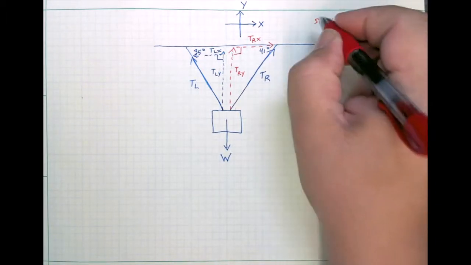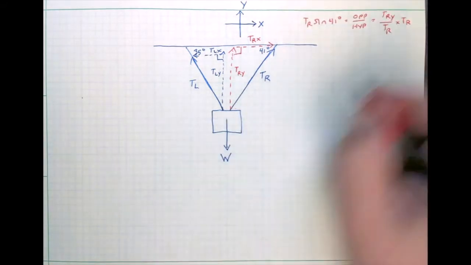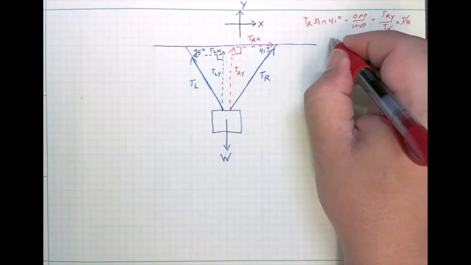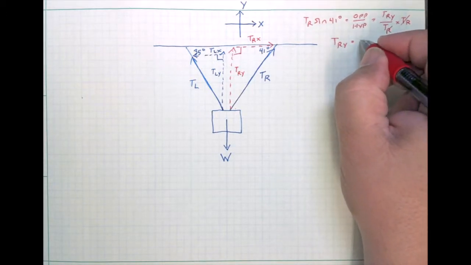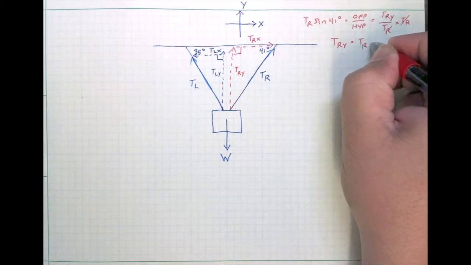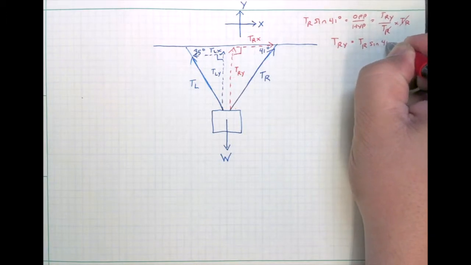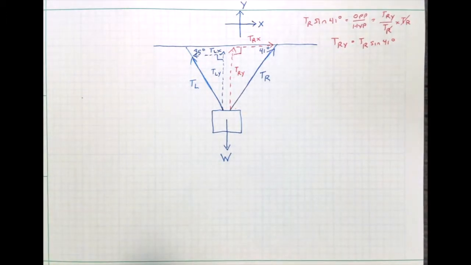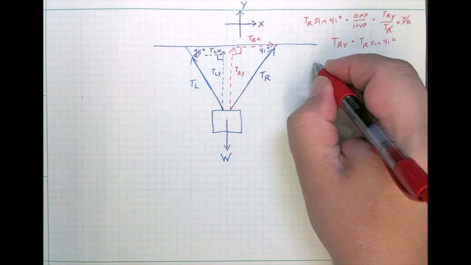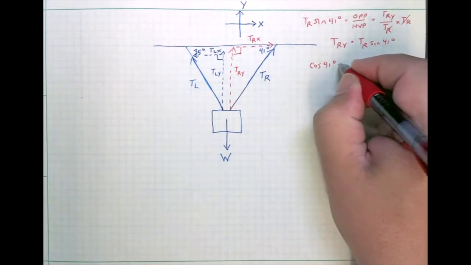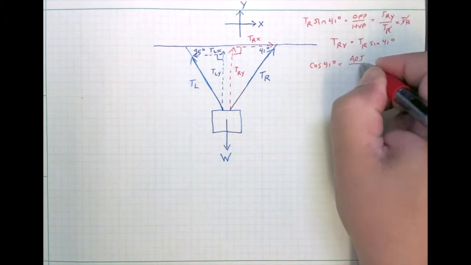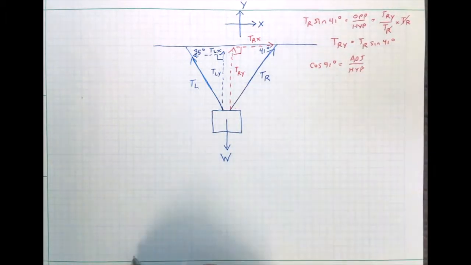We multiply both sides by TR. That will eliminate our fraction here and give us our first formula for the y component of the right-hand tension force, TRY equals TR sine 41 degrees. We now look at the cosine function. The cosine function is adjacent over hypotenuse.